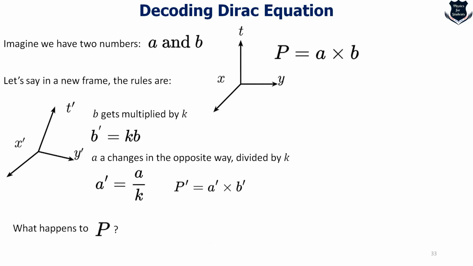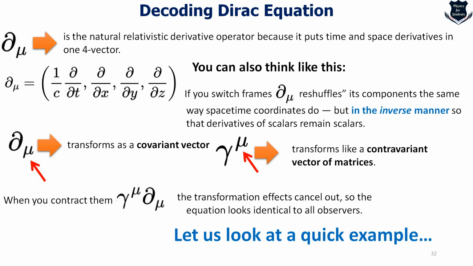If you just do the simple algebra, you will see: what is A prime? A upon K. What is B prime? KB. So A upon K times KB, the K's cancel out, and A times B equals P. What this shows is that P remains invariant. So if you go back to the previous part, you can see what gamma mu is actually doing.